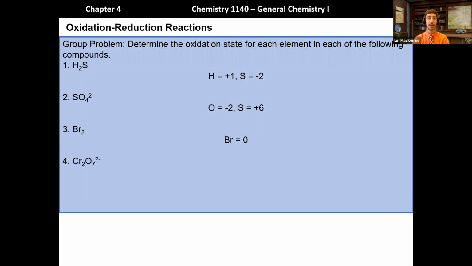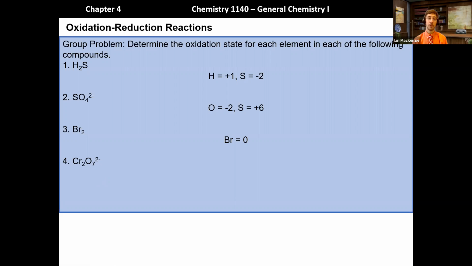And then lastly, I've got this compound that has 2 chromiums and 7 oxygens. I don't know anything about the oxidation state of chromium, but I do know about oxygen. Oxygen is always -2. So -2 times 7 is -14. I know that my overall compound is only -2, so that means I have to get +12 from somewhere.